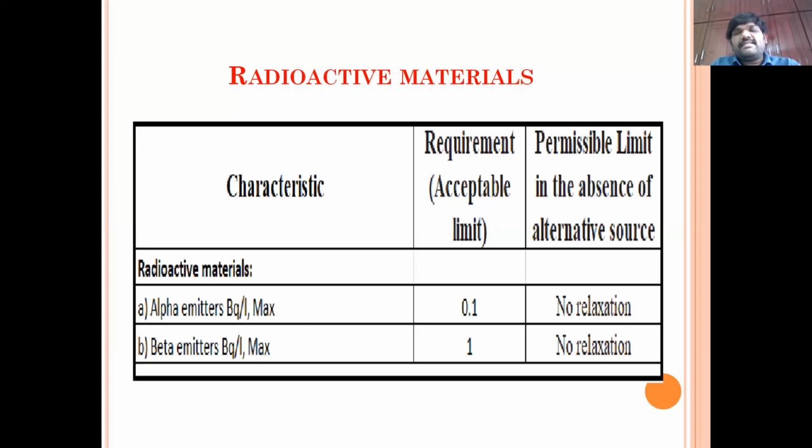This is also divided into two categories: alpha emitters, where the requirement acceptability is 0.1 and there is no relaxation during the absence of alternative source, and beta emitters, where the acceptable limit is 1 and there is also no relaxation during the absence of alternative source.